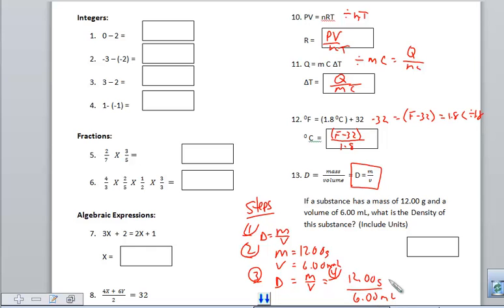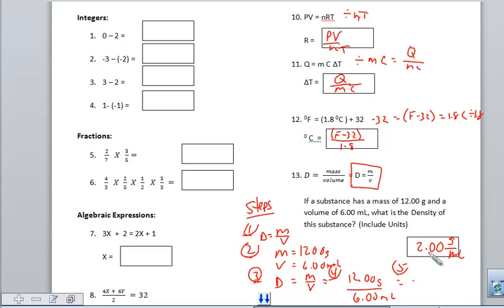Step 5 is solve for the answer, and of course it comes out to 2.00 grams per milliliter. Now, you notice you have 4 significant figures here: 1, 2, 3, 4. Here you have 1, 2, 3. Your answer can only have as many significant figures as the value you were given with the least amount of significant figures. So you have 4 here and 3 here, so your answer has to be in 3.